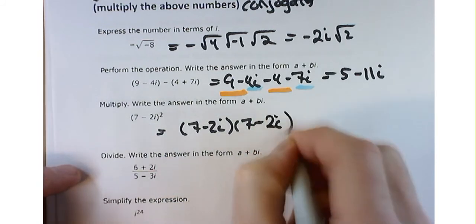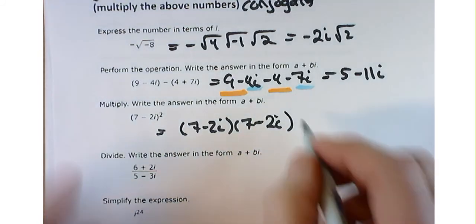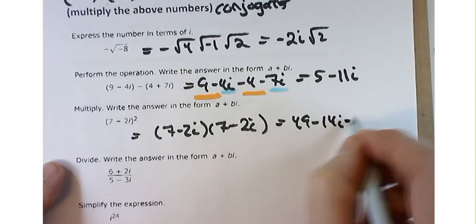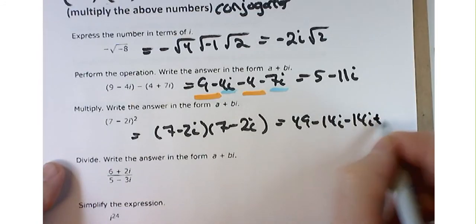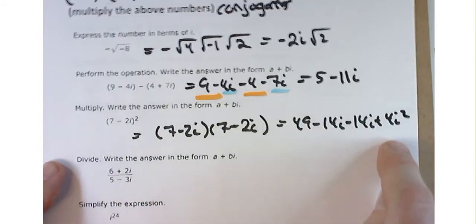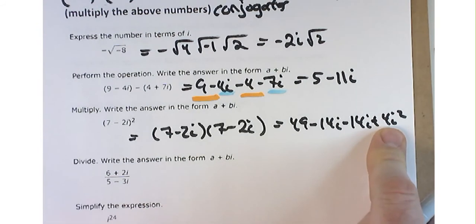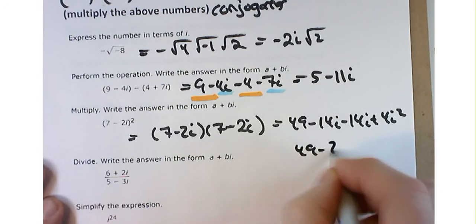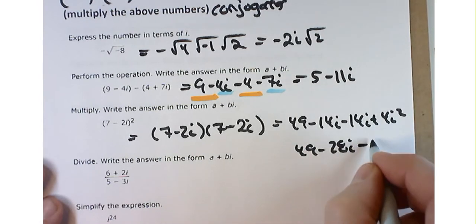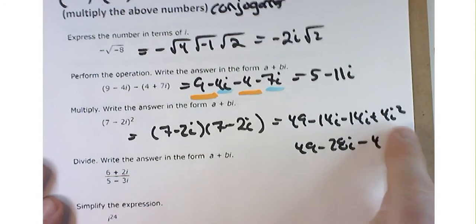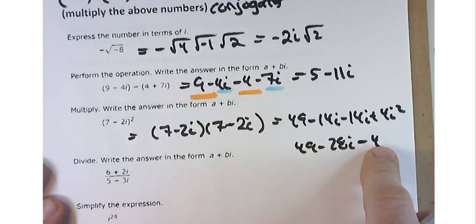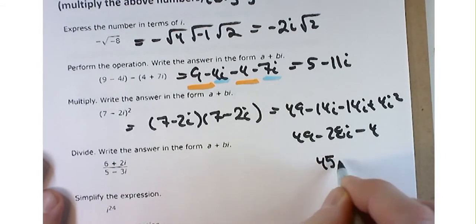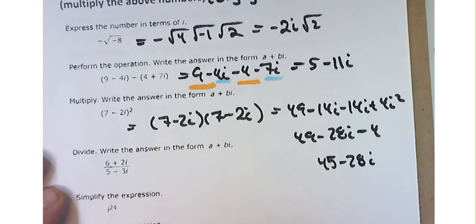You've got to FOIL that out. 49 minus 14i minus 14i plus 4i squared. It's easy to forget that i squared term right here. So it's 49 minus 28i minus 4, right? Because i squared is negative 1 times 4 gives you negative 4. 45 minus 28i is your final answer.